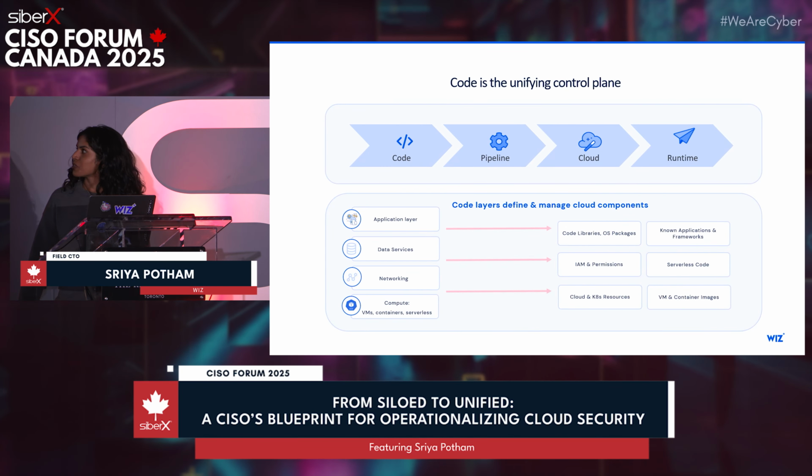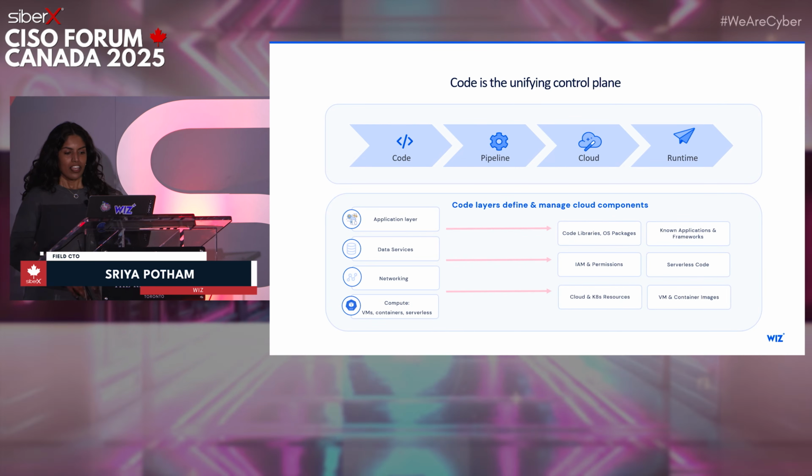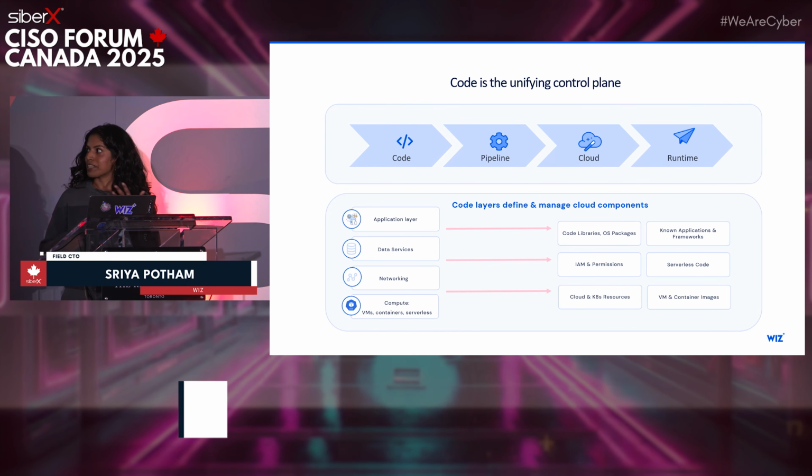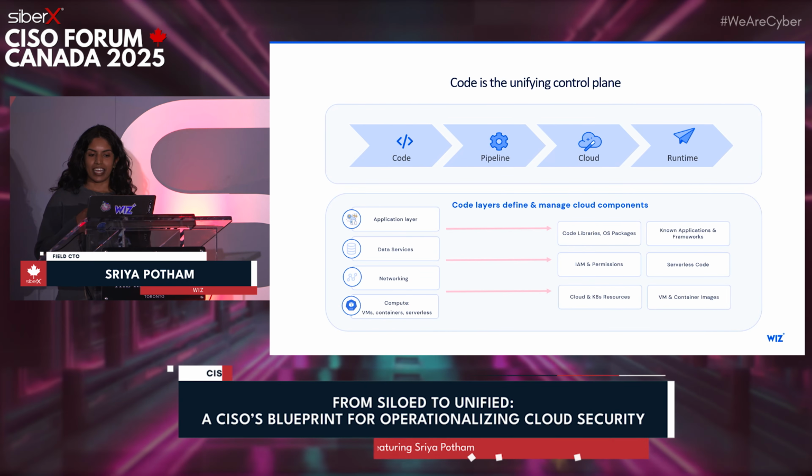At the networking layer, networking policies are also defined through code, automating connectivity and security across services. And finally, compute, where VMs, containers, and serverless functions are provisioned, scaled, and managed dynamically using code. So code governs our applications, the data layer, networking, and compute dynamically and at scale.